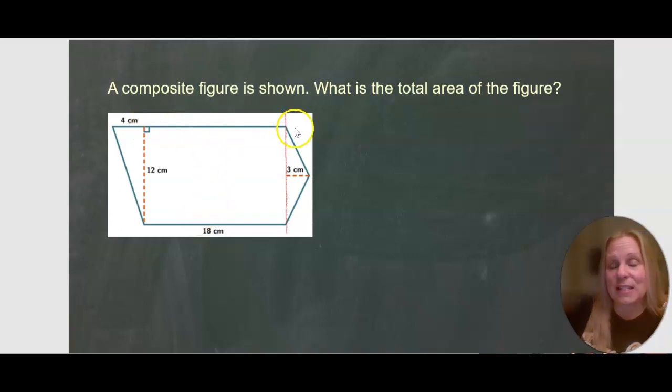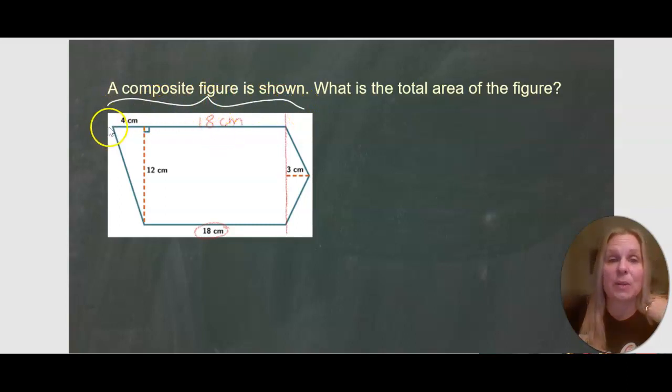So that means that this unknown length up here is going to be 18 because that's what this one is, right? So my two bases for my trapezoid, this base is going to be 18 plus 4, which is 22. And this base down here is 18.